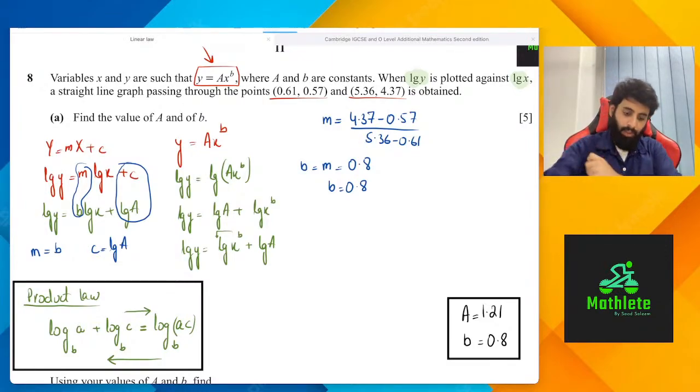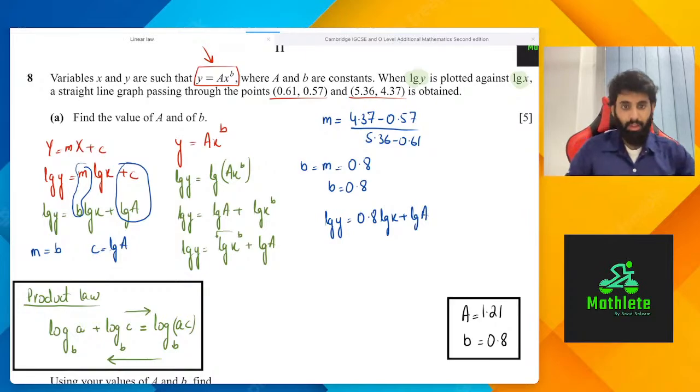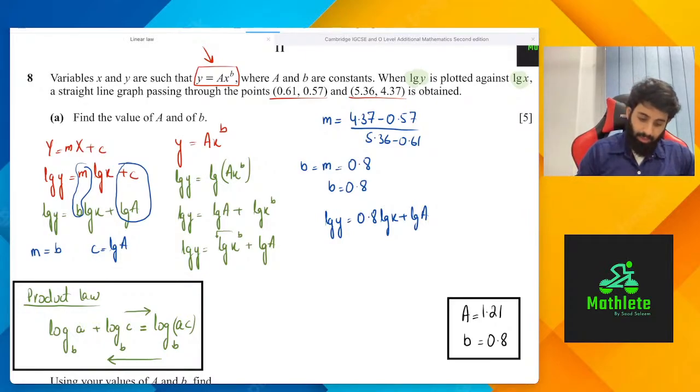All right. So far, considering that we have the value of b, where have we reached? We've reached LGY is equal to 0.8 LGX plus LGA, since we've found the value of b, which is 0.8. Now let's use a point through which the line is passing.